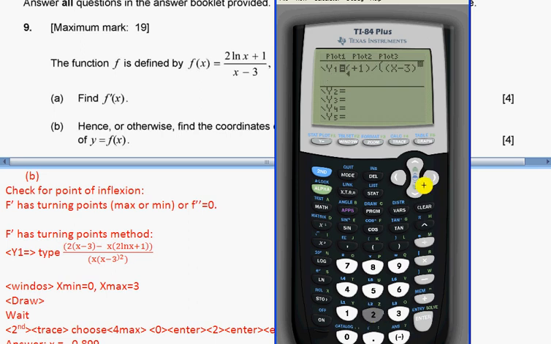Now Windows. Press Windows. So we know that x is from 0 down to 3. Now we can draw. Oops, I did something wrong with our function.